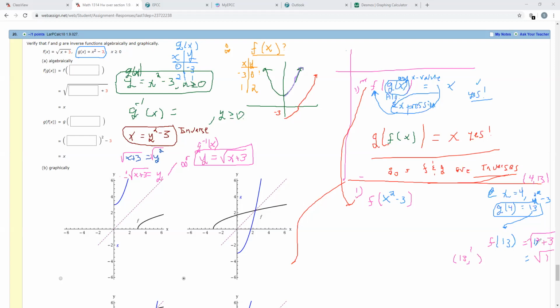The square root of 16 is 4. So we did get what we were hoping for.